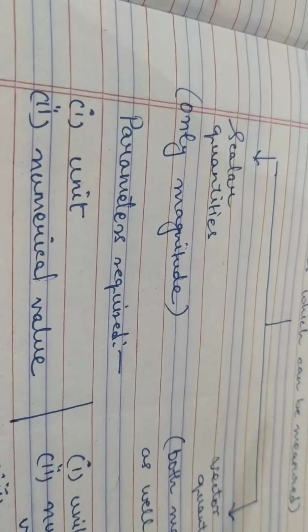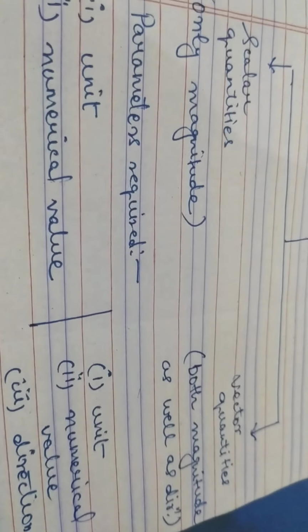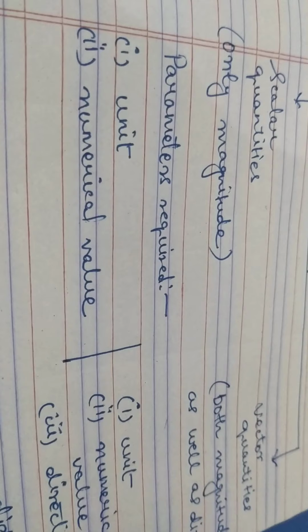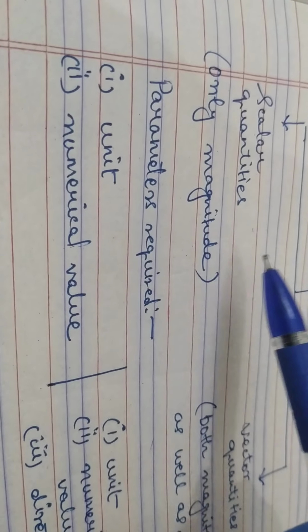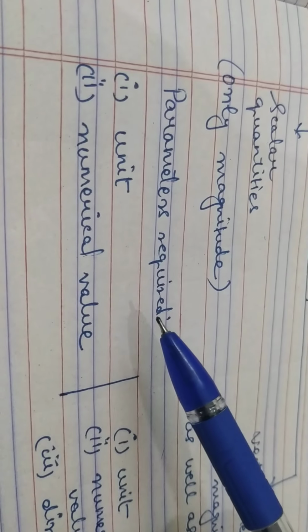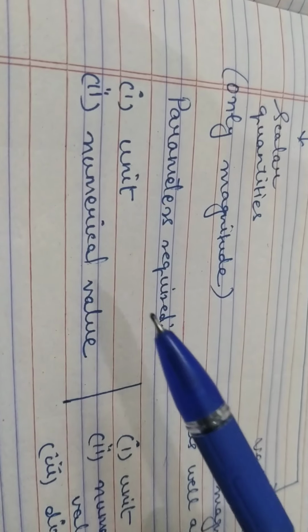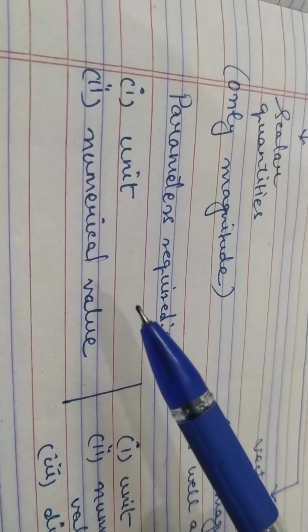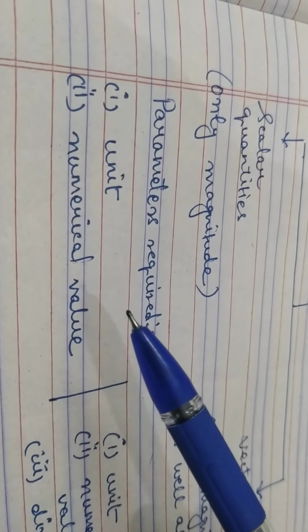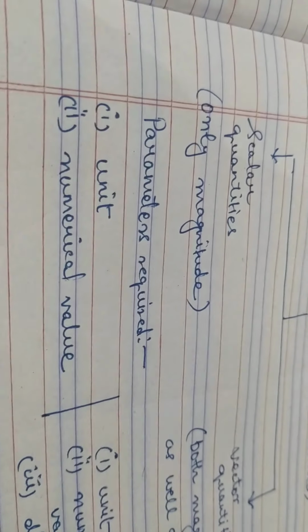These quantities do not have directions. In vector quantities, they have both magnitude as well as direction. So in order to express scalar quantities, what parameters are required? The unit in which the quantity has to be expressed and the numerical value.